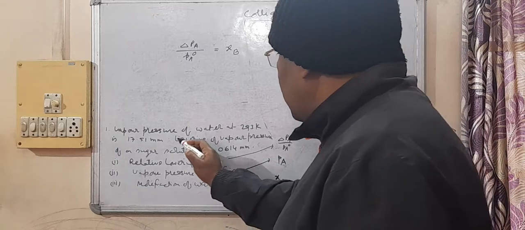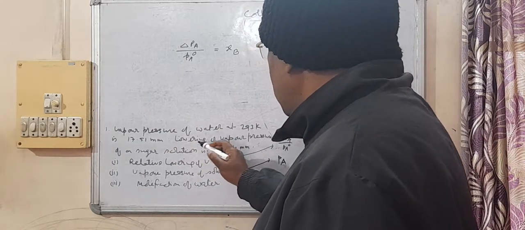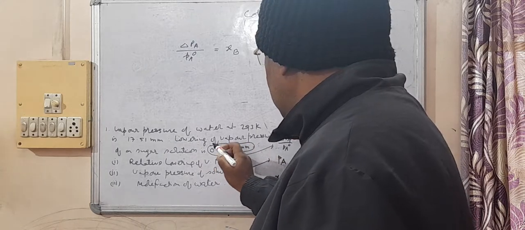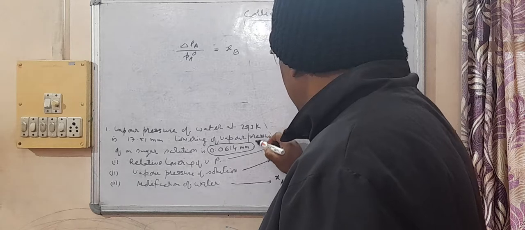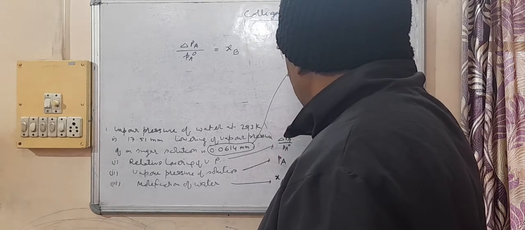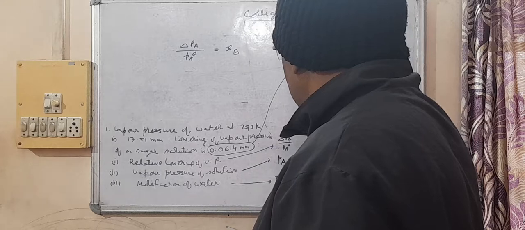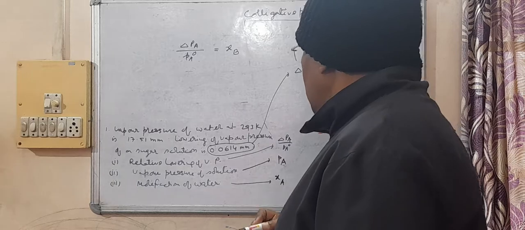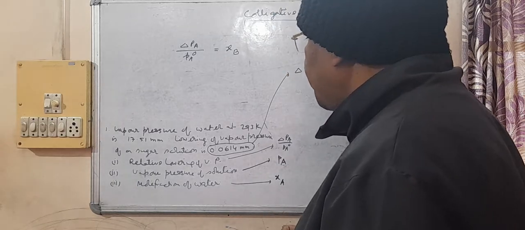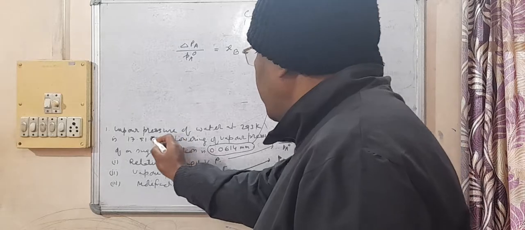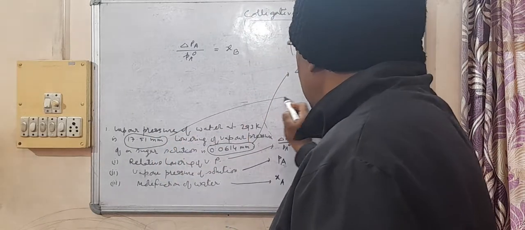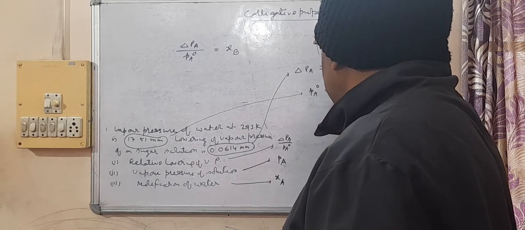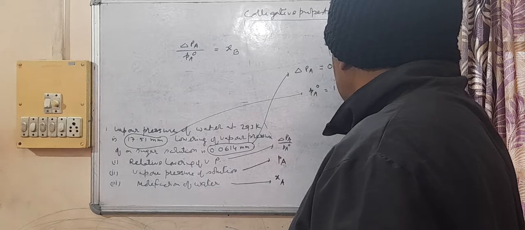And what are the things given? Let me write them down. The lowering is given, that means delta PA is 0.0614, and PA naught is given, 17.51 millimeter.